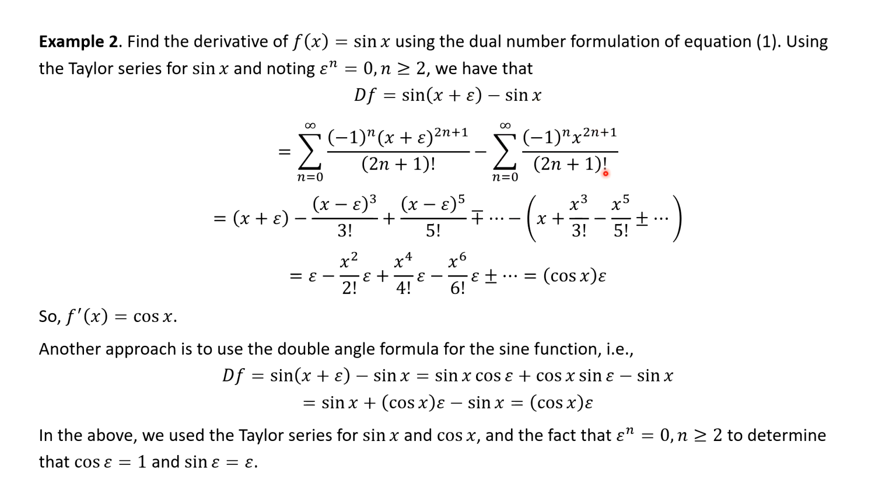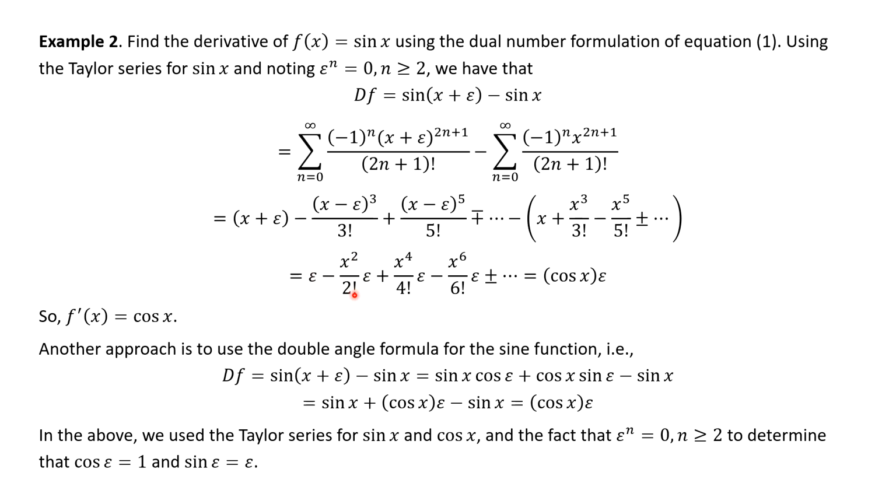Then this is the Taylor series for sine x, and this is the Taylor series of sine of x plus epsilon. Then we expand both of these out in detail, and there's a lot of cancellation to get down to what we have here, and I'll explain that in a second.